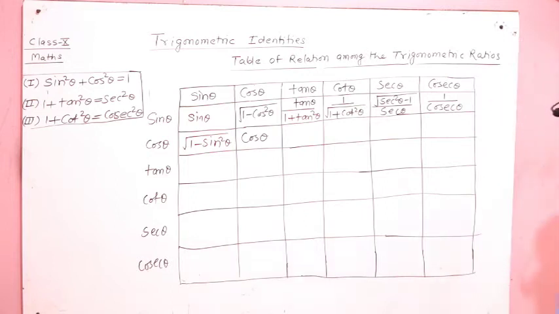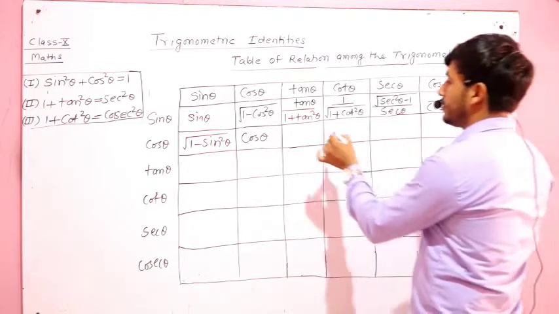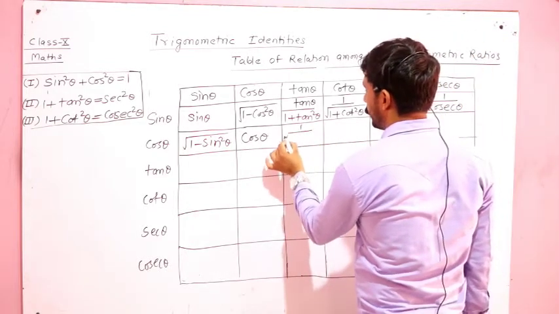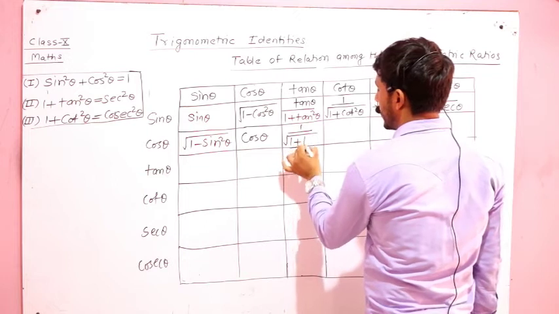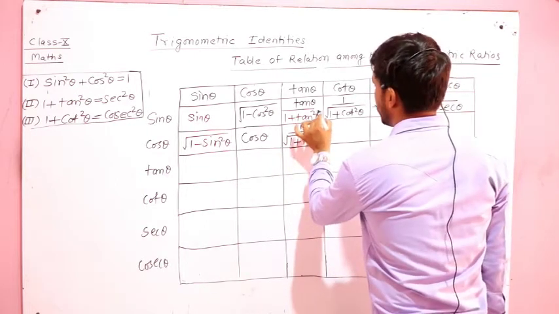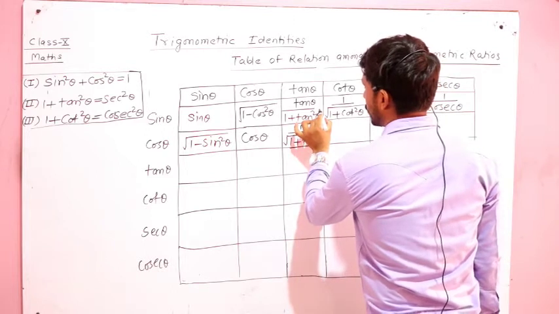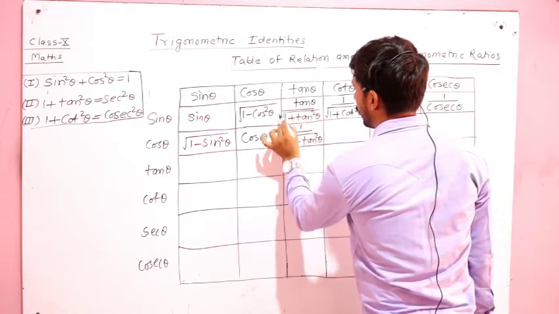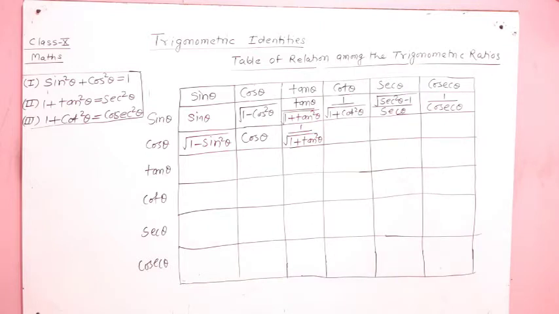Next relation we have to find cos theta in terms of tan theta, and that is given as 1 upon root of 1 plus tan square theta.